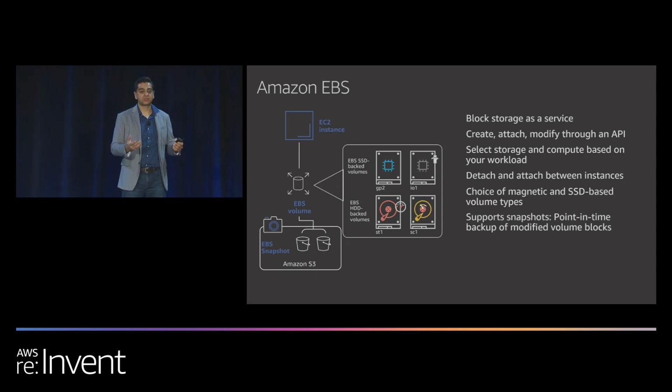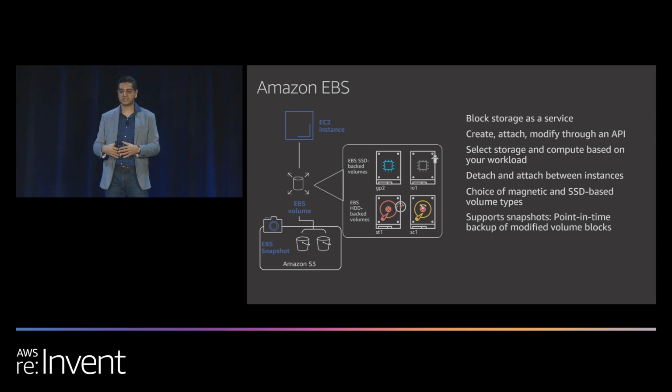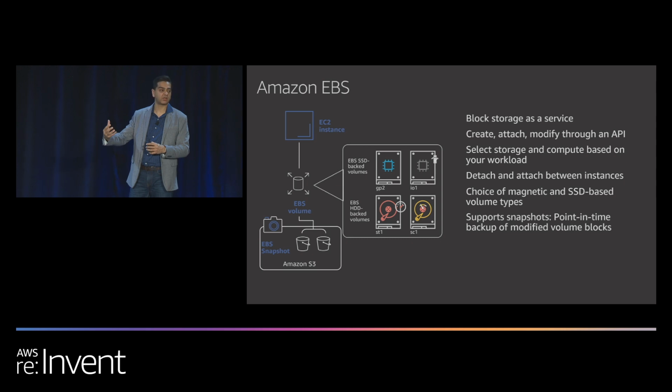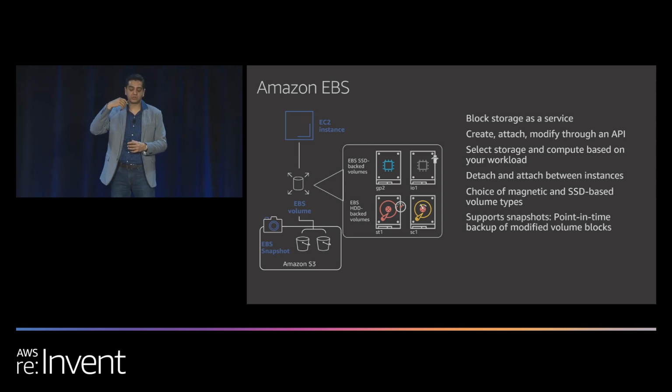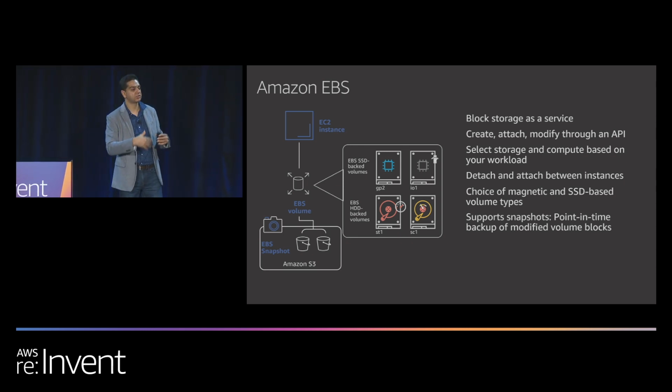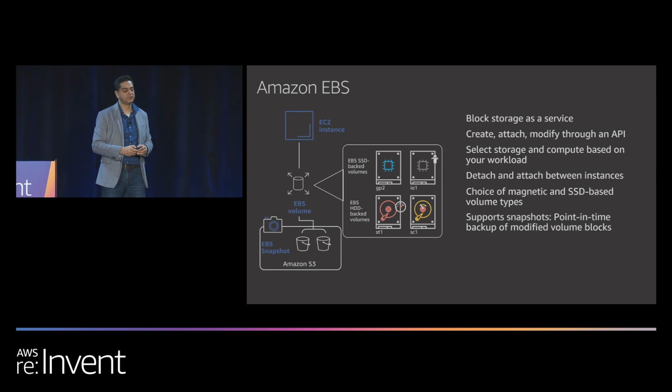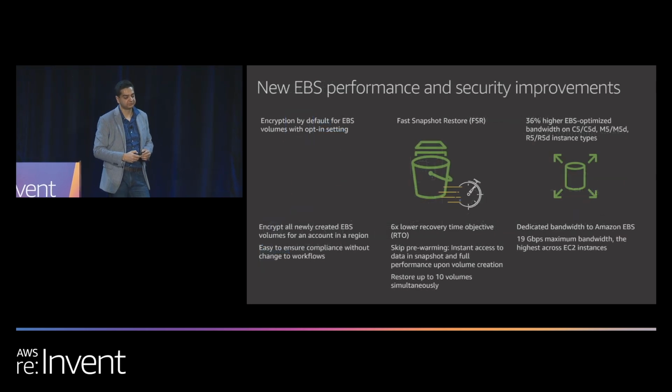And then, like I mentioned earlier, you have the ability to snapshot your EBS volume. So if your instance is running with EBS, you can snapshot that current state, and that's stored in S3, which you can use to either launch instances again or distribute to your customers for scale-out applications.